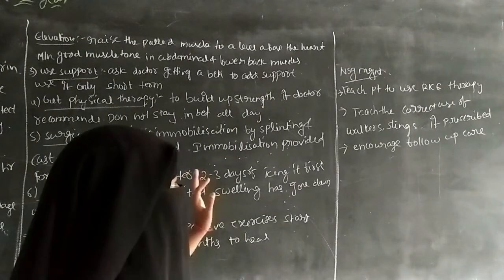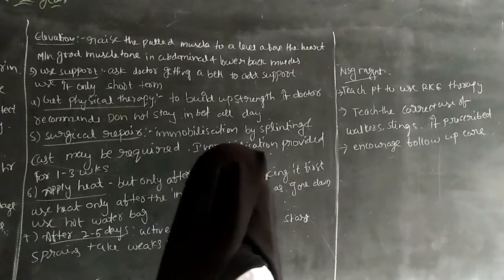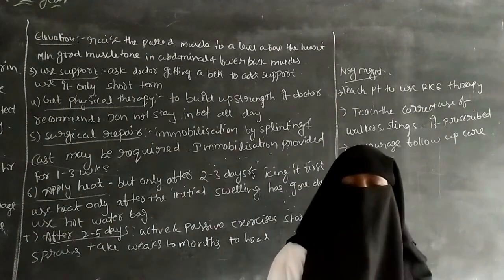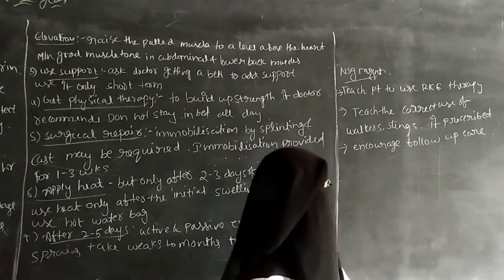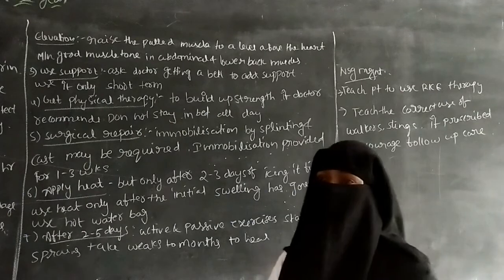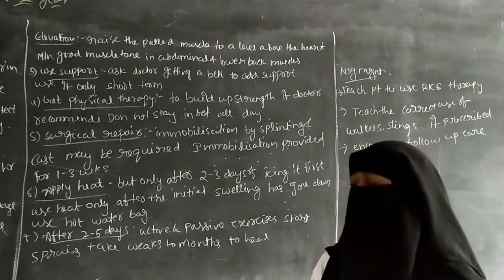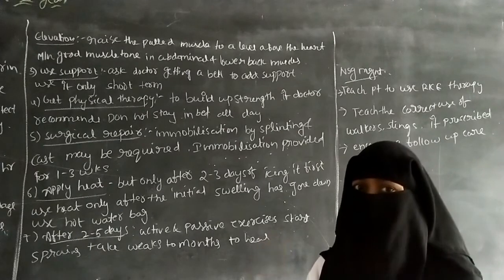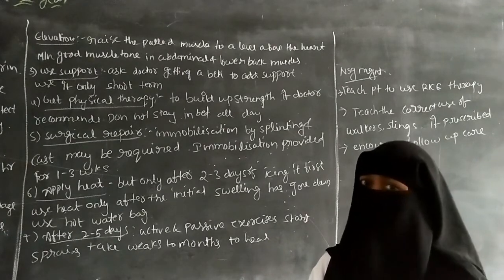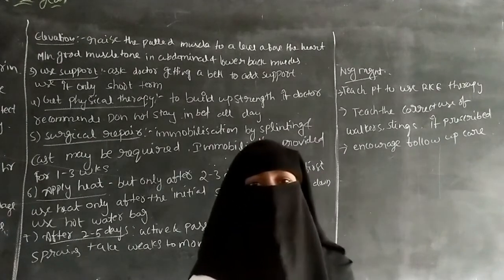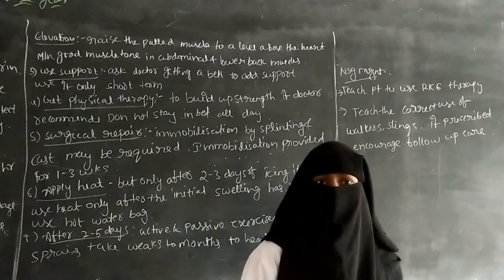And next one is nursing management. It includes teaching the patient to use RICE therapy. RICE therapy means rest, ice application, compression and elevation. The nurse has to educate the patient about RICE therapy.